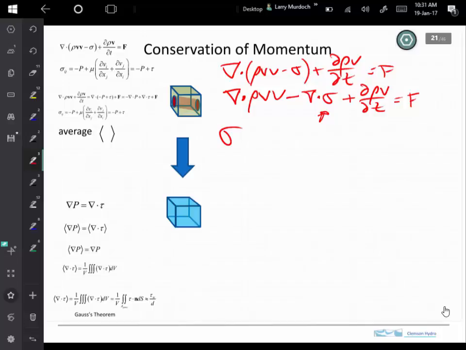So the kind of fluid that we're going to be interested in at this point is called just a Newtonian fluid, and it's described by a fairly simple rheology. I'll be talking more about this next time.